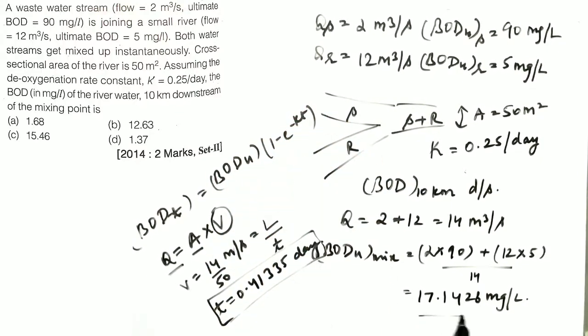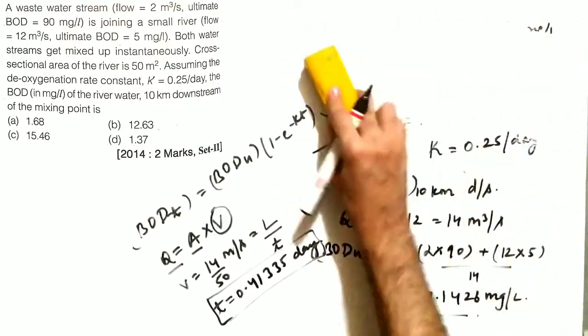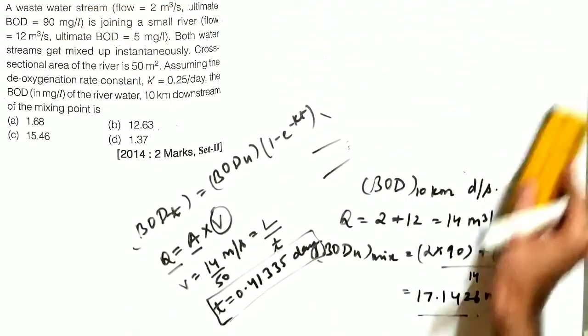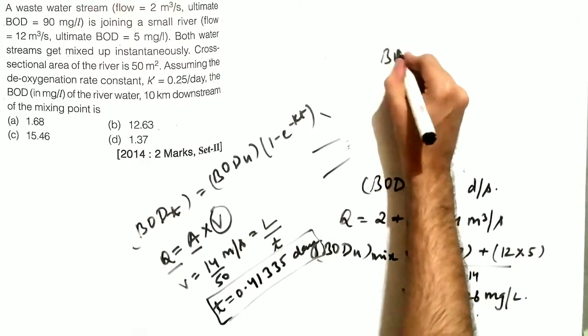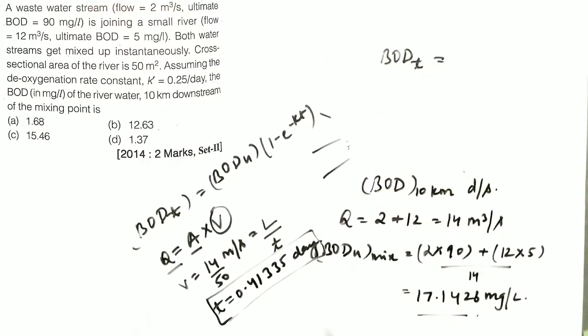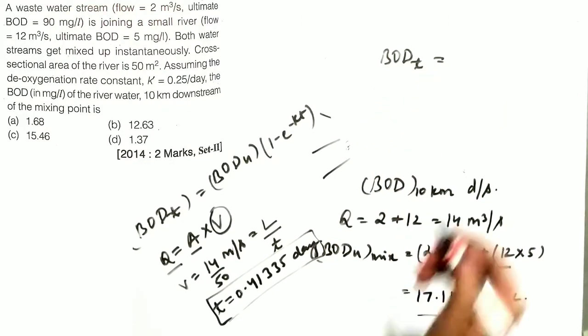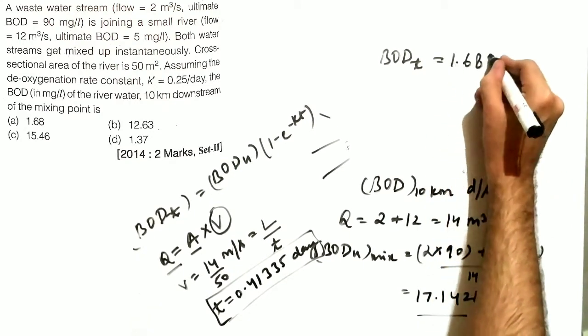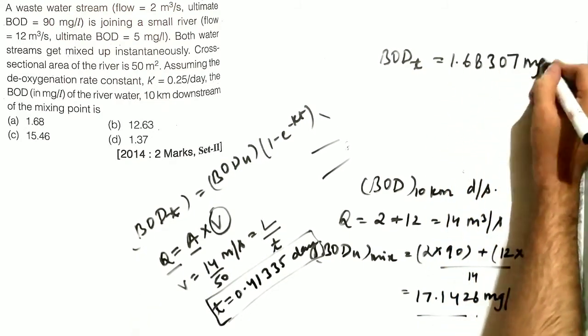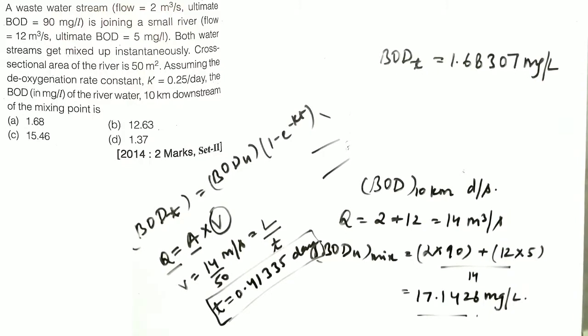BOD ultimate is 17.1428, the T value is known, and K is given in the question, 0.25. When you calculate, BOD T comes out to be 1.68307 milligram per liter. But this is not the answer.